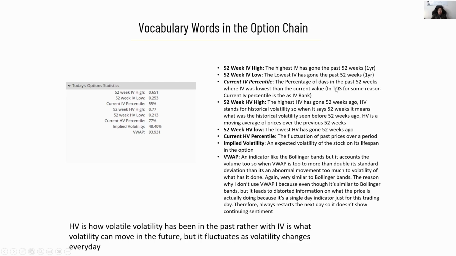In other scenarios I'll explain, but by its name itself, if it shows 55%, what that means is that for 55% of the past 52 weeks, the IV has been lower in value compared to the current value right now. So anything that's lower in value in 52 weeks than what it is now, you could say that the current value is actually pretty high.